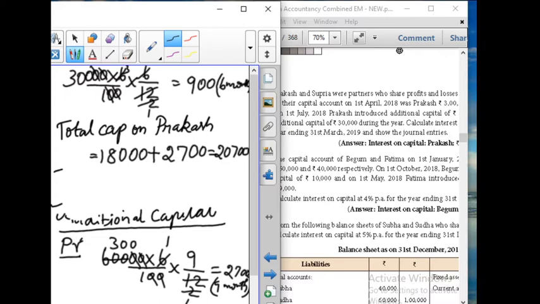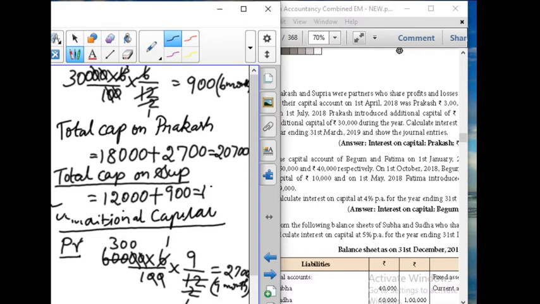Next, total interest on capital of Supriya is equal to, what is the amount? 12,000 plus 900 is equal to 12,900.